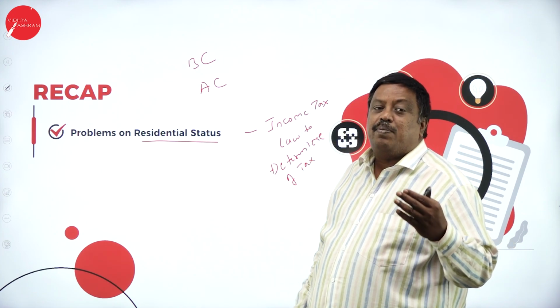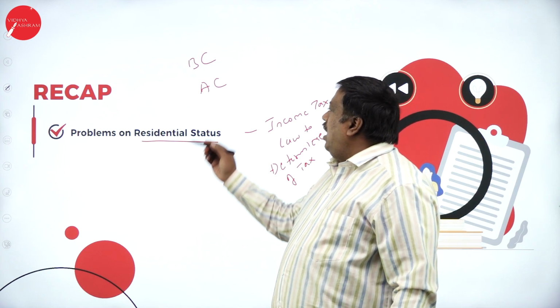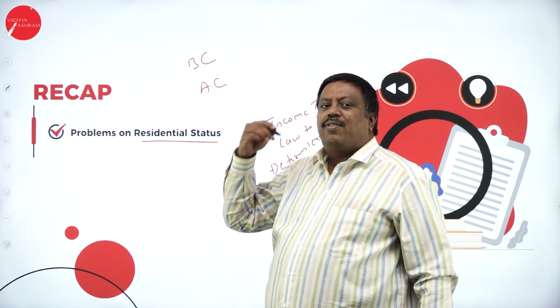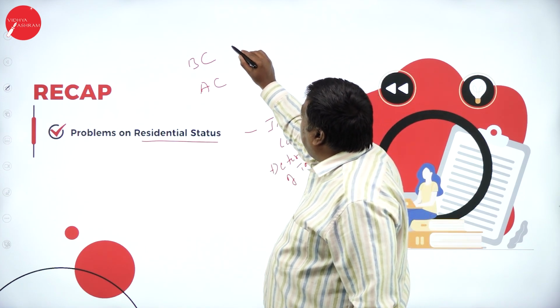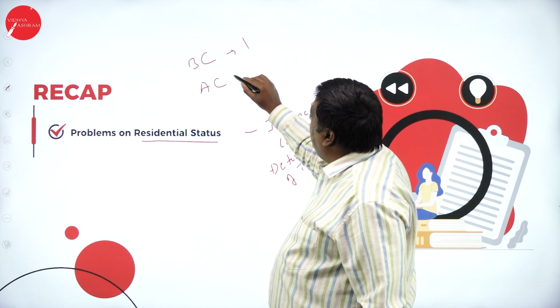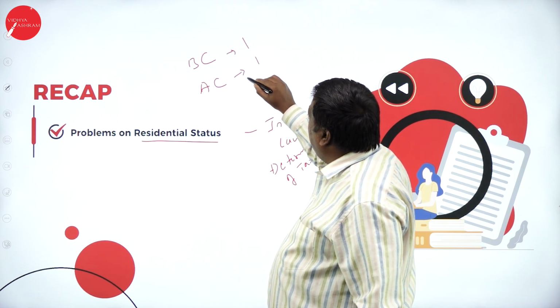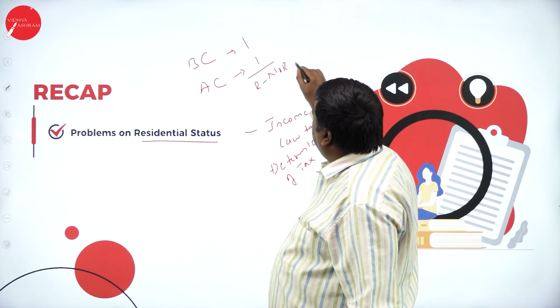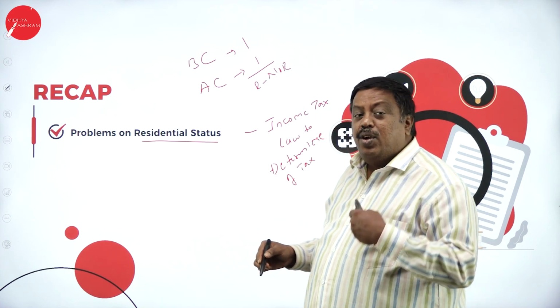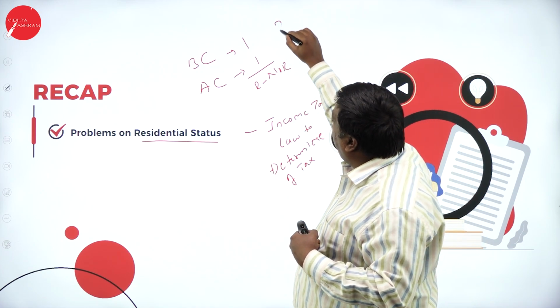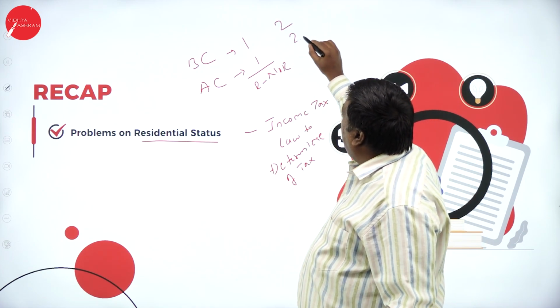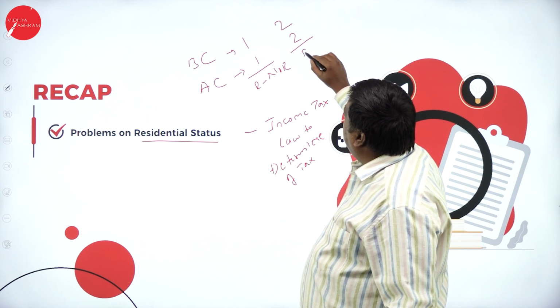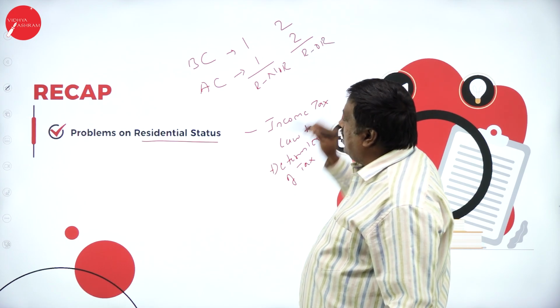and this cannot be used as citizenship of India. If any individual satisfies one basic condition and one additional condition, then he will be called a resident, not ordinary resident. When an individual satisfies both the basic conditions and both the additional conditions, he is called resident, ordinary resident.